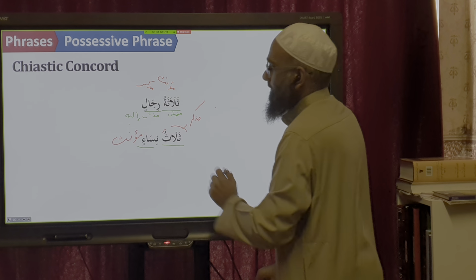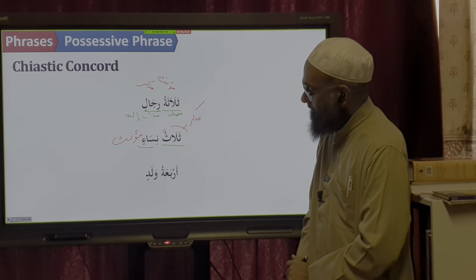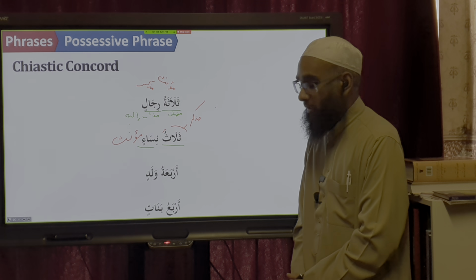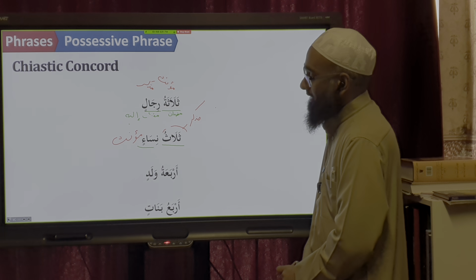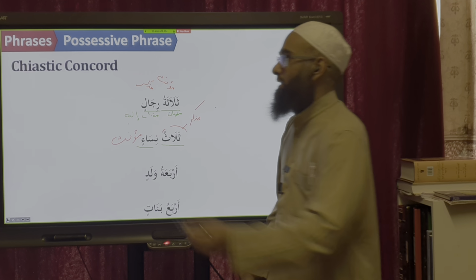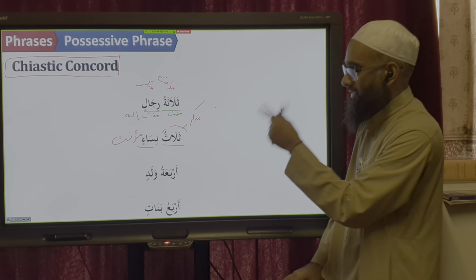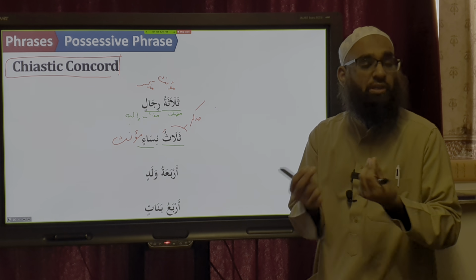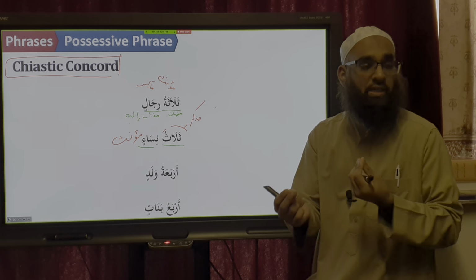You see what's happening here? It's mudaf, mudaf ilayhi, but they have opposite gender. Arba'atu waladin, 4 boys. And arba'u banatin. This feature of having opposite gender is called chiastic concord. So whenever I say chiastic concord, it means that the number and the counted thing disagree in gender. Okay? So far so good?